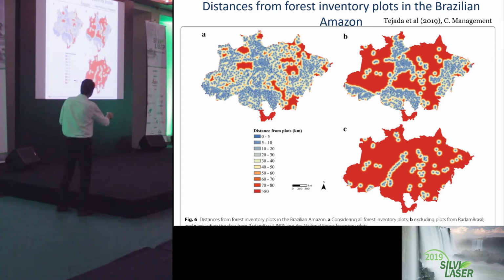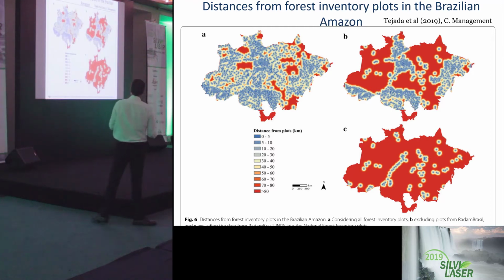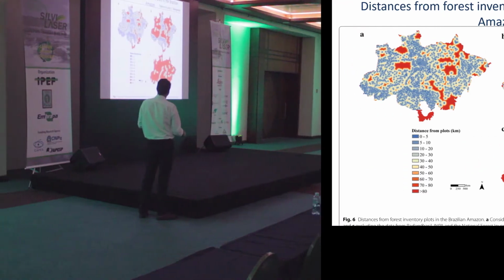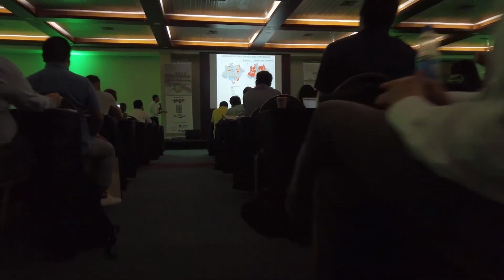If we exclude the old data set, the Radam data set, you see it starts becoming more patchy in terms of distance between the plots. And if we also exclude the new national inventory, we have this distribution of plots throughout the region.